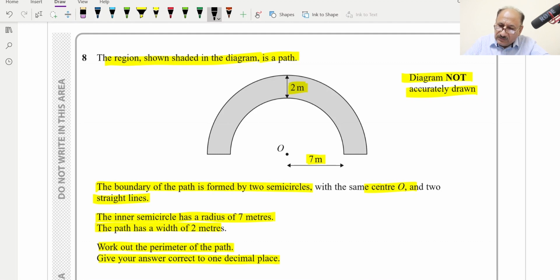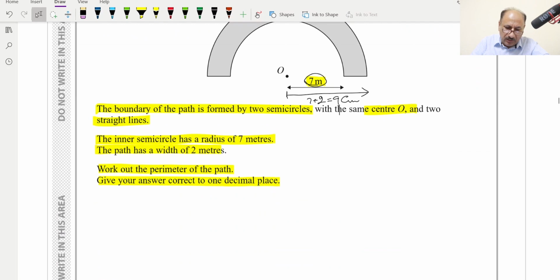So if this radius is 7 meters, it means from here to here, radius of the outer portion will be 7 plus 2, which is equal to 9 meter. So radius of the bigger semicircle will be 9 meter. So for perimeter, we can write down P will be equal to what?